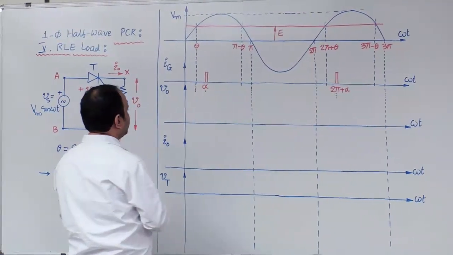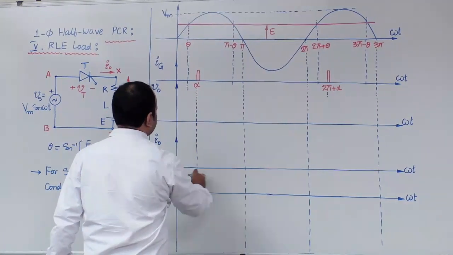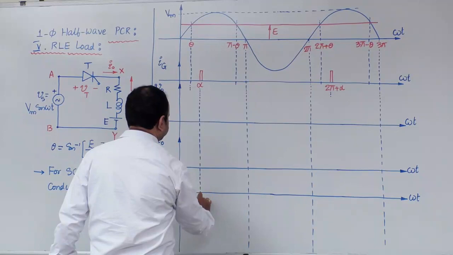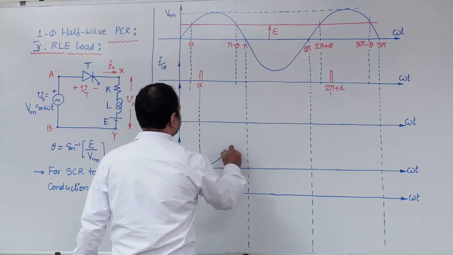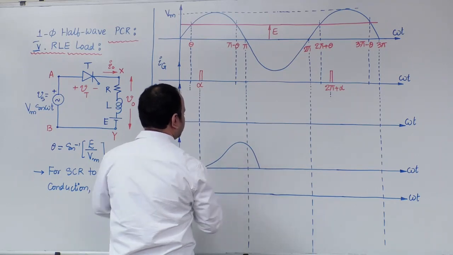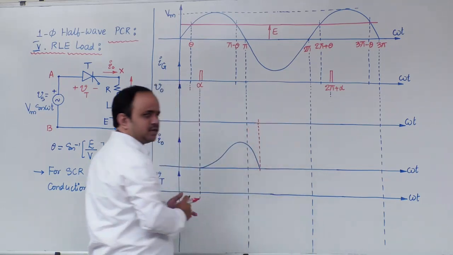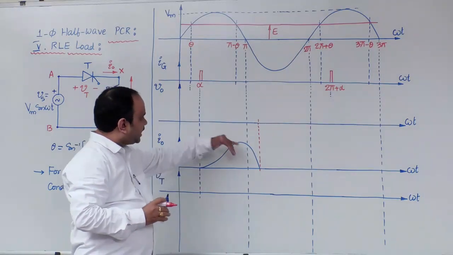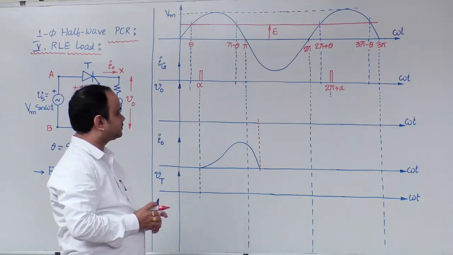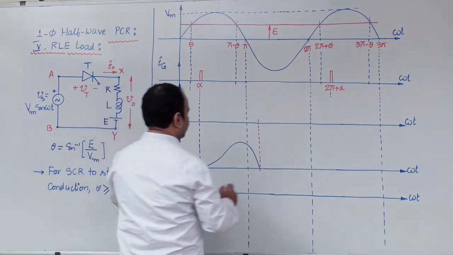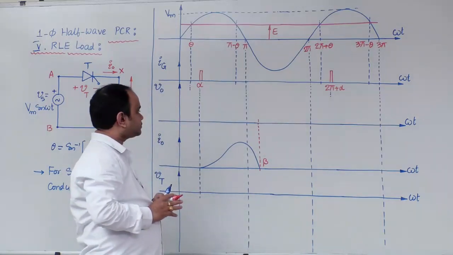From alpha to beta, follow carefully, the output current waveform will be just similar to the sinusoidal and exponentially decaying component we discussed in the RL load. So this is alpha and this is beta instant, right?